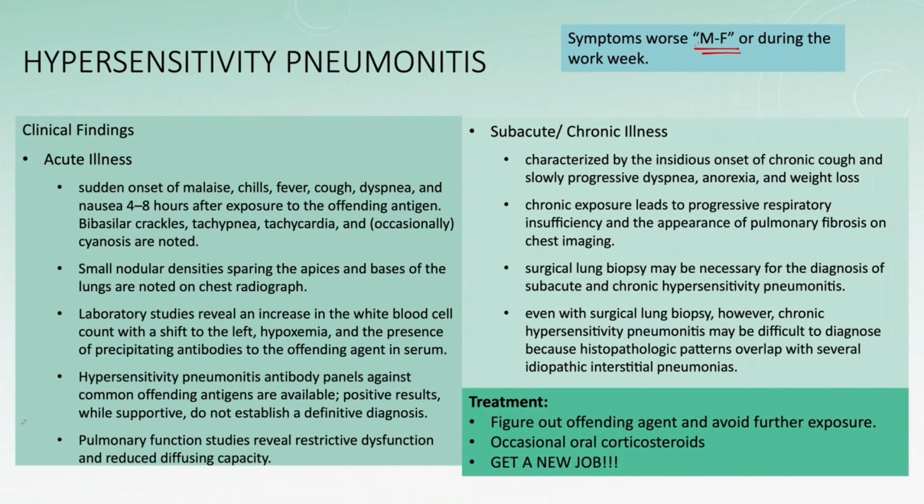They get more symptoms. When they're off, they don't have as much symptoms. And they're usually kind of constitutional, get malaise, chills, look pretty similar to some of the other things we've seen. They also can have crackles, they can have cyanosis, nodular densities, looking a lot like other things we've seen. And that's why getting that biopsy is going to be super important.